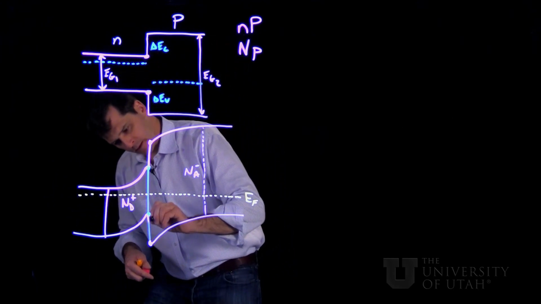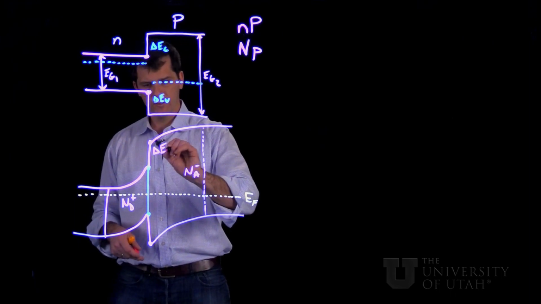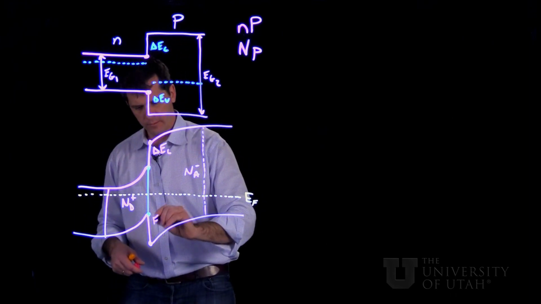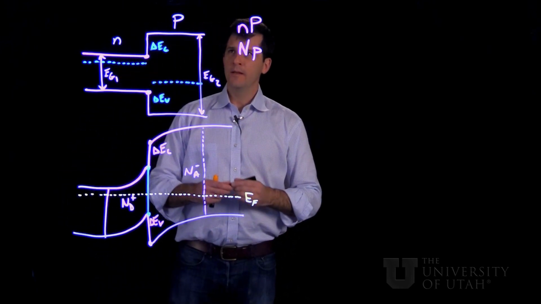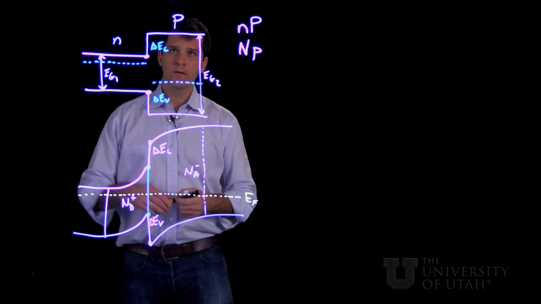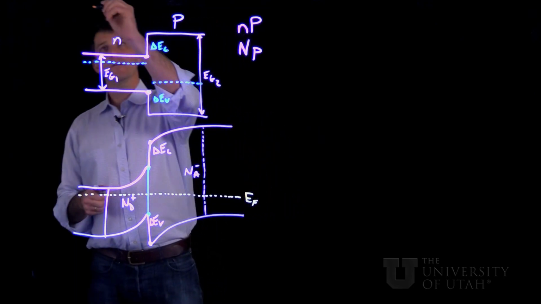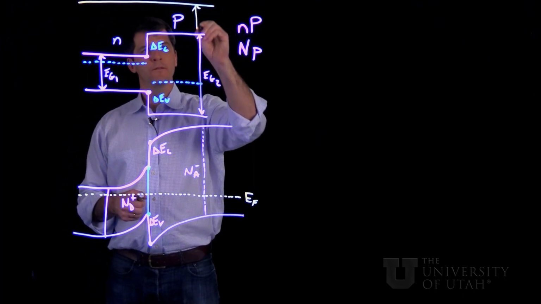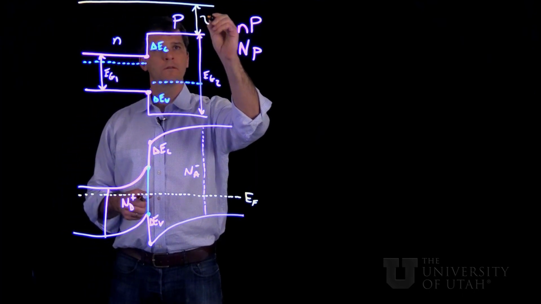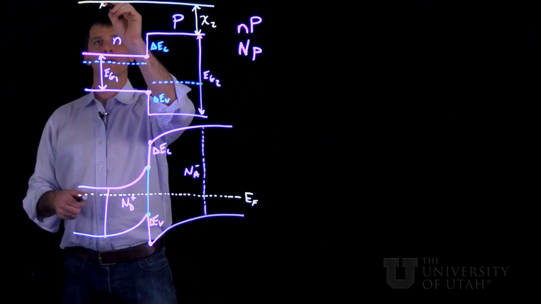So notice that we've maintained these delta EC and delta EV values. And we can figure out what those values are going to be if we know the electron affinities of these two materials. So this would be chi of semiconductor number 2.